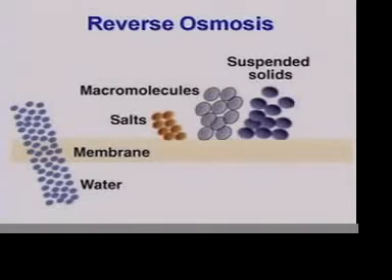There is no RO membrane that will remove 100% of the salts, period. Now, we've got some pretty good membranes out there now, 99.8% rejection of salts, but it's not 100%. So there is some passage through even the tightest RO membrane, but they're still extremely effective.